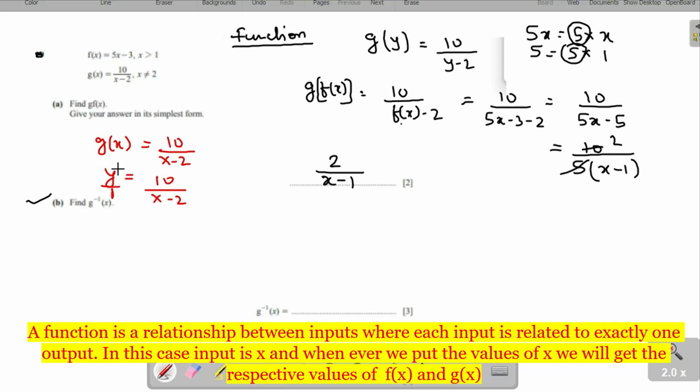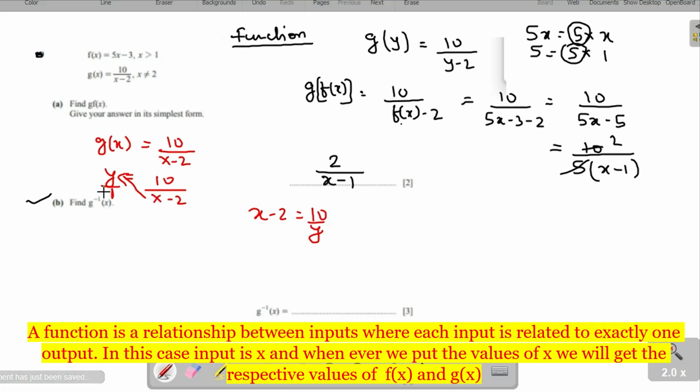Whenever we have to find the inverse of a function, we have to express x in terms of y, making x the subject. So x minus 2 is equal to 10 upon y. I shifted this over here, y over here, and 10 into 1 is 10.